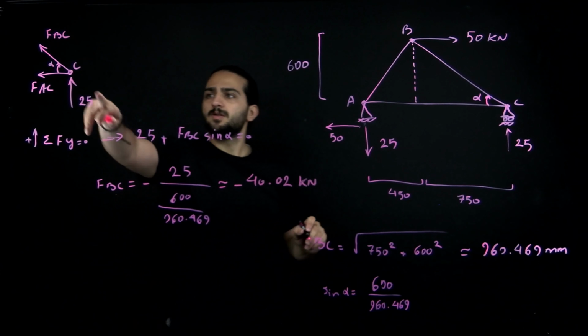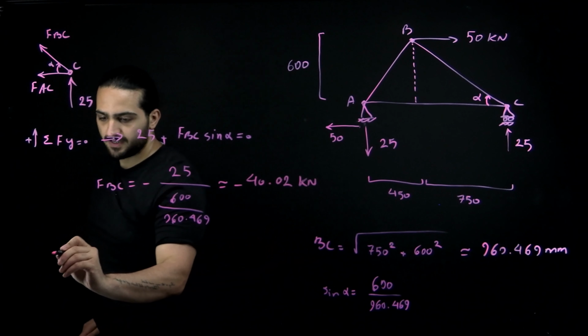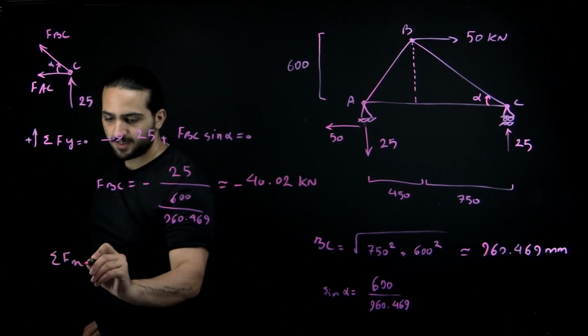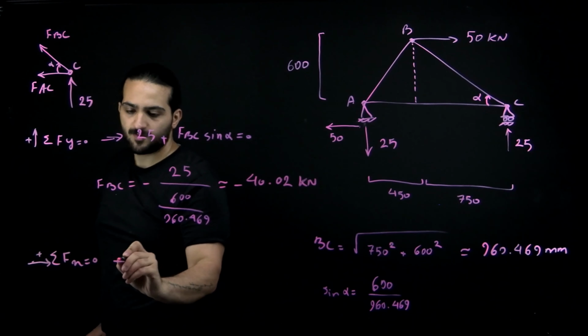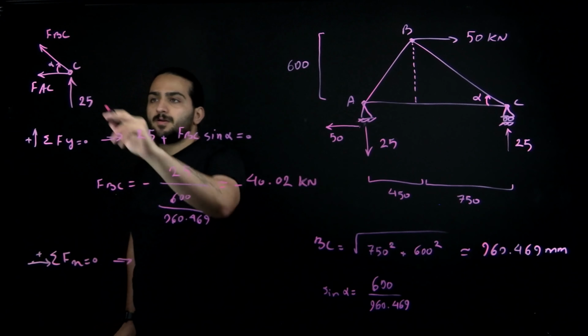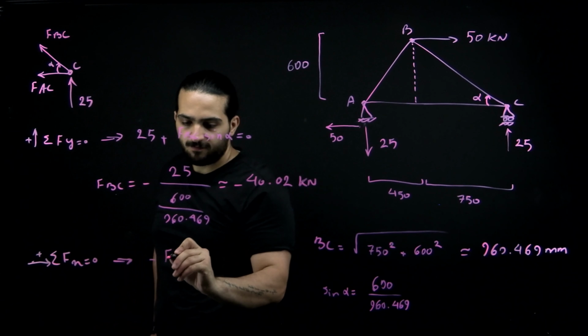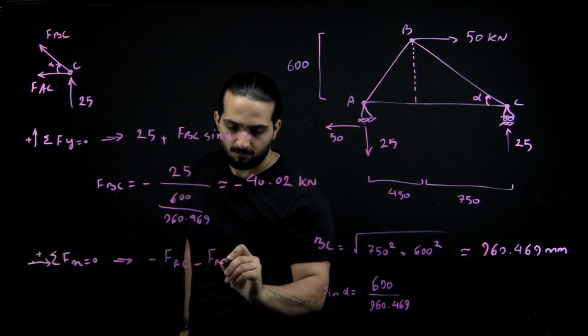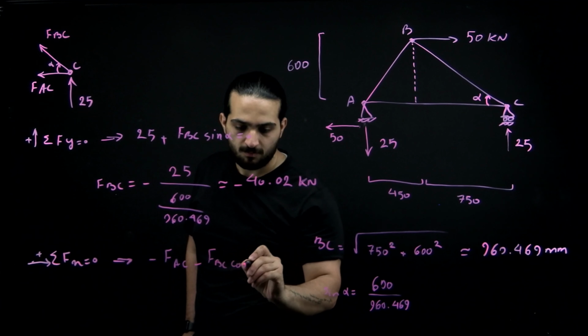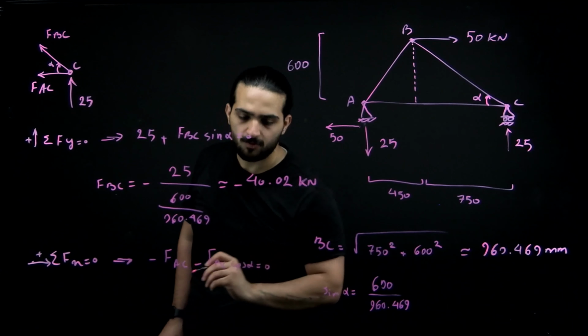And now in the x direction, sigma Fx is equal to 0: minus FAC minus FBC cosine of alpha is equal to 0.